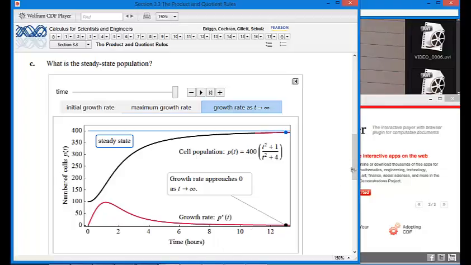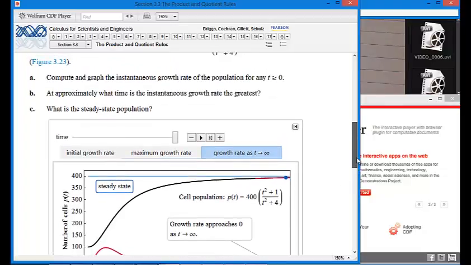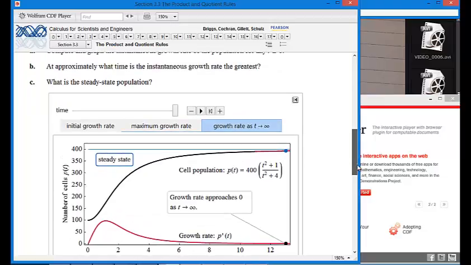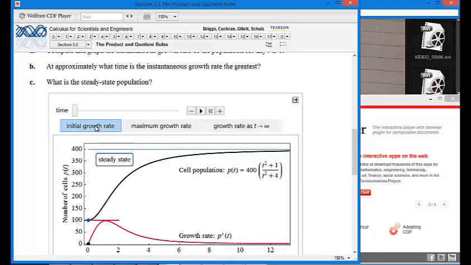And then the growth rate starts increasing, right? And if I ask what's the maximum growth rate, the maximum growth rate would be where is this the highest, this red? I guess the maximum growth rate is right around here.